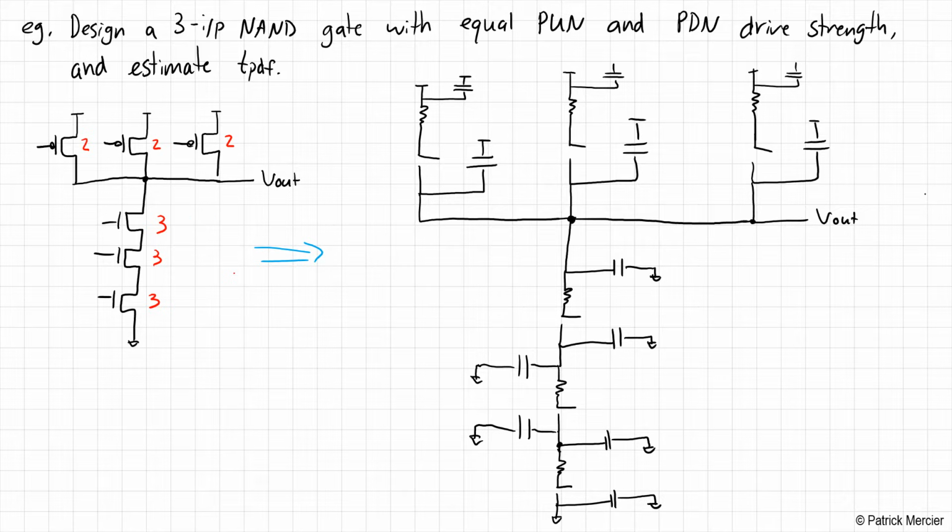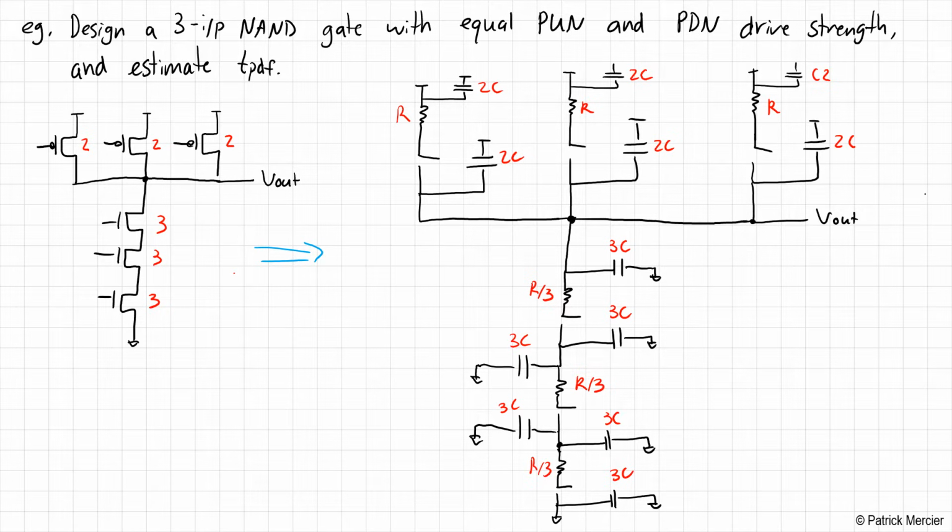All right, so let's go ahead and label most of these devices. So this is R, this is 2C, 2C, R, 2C, 2C, R, 2C, and 2C. Now, each of these NMOS transistors is R over 3 and 3C on the source and drain terminals of all of these devices. R over 3, R over 3, and 3C and 3C.